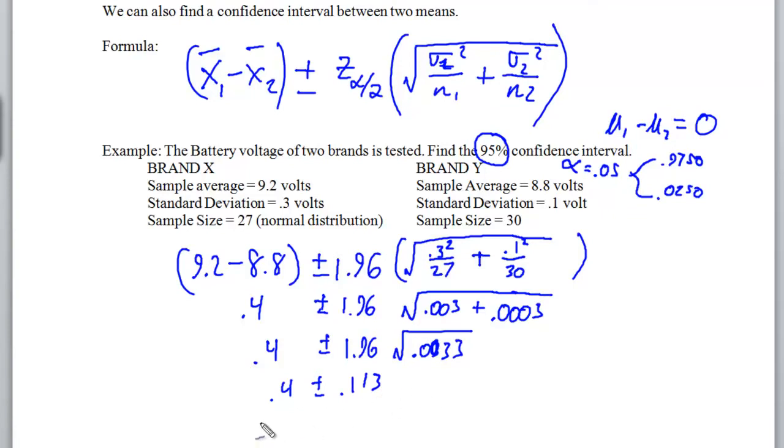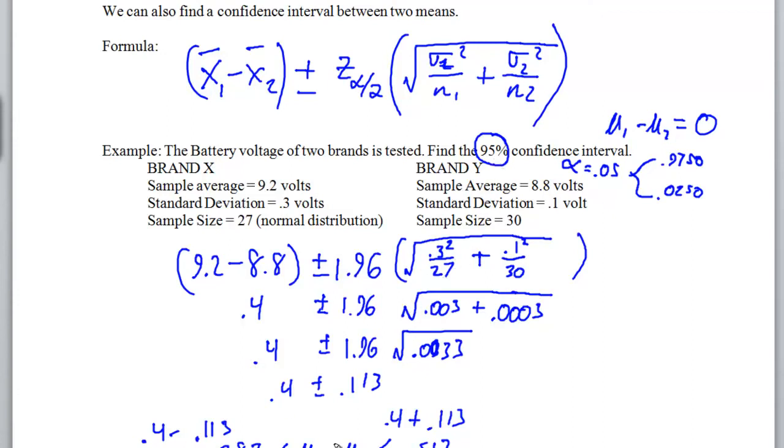Now, if I'm going to split this up into 0.4 minus 113 thousandths and 0.4 plus 113 thousandths, that gives me an answer of 287 thousandths is less than mu1 minus mu2, which is less than 513 thousandths.